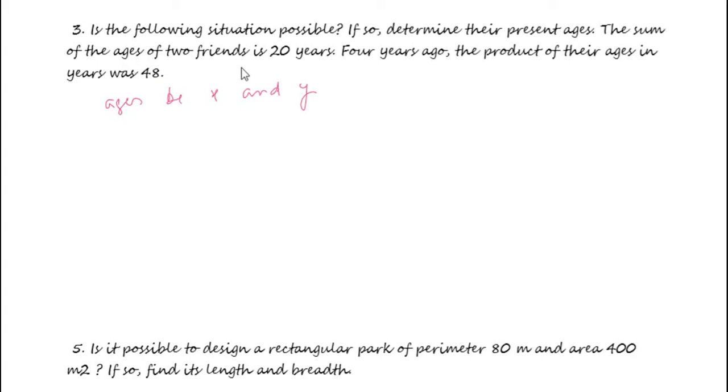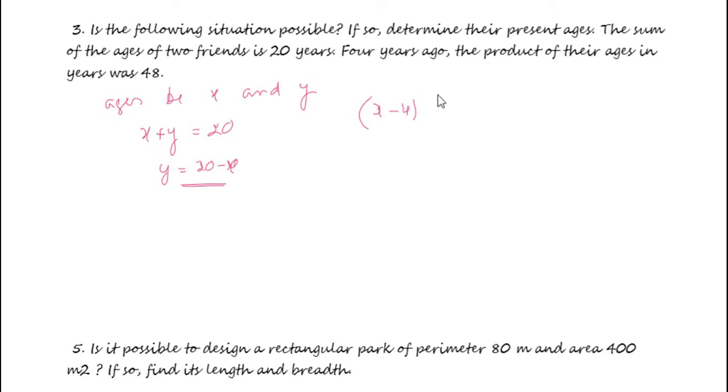The sum of the ages, that is x plus y, equal to 20 years. Now let us express y in terms of x. So 20 minus x equal to y.